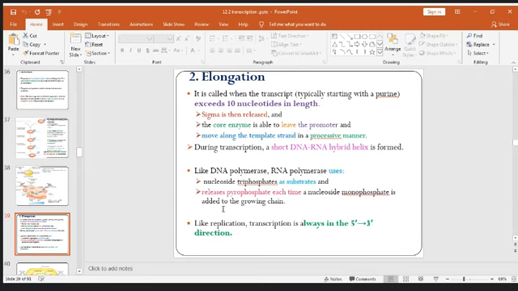The breakdown of pyrophosphate from the nucleotide triphosphates provides energy for the formation of the phosphodiester linkage on the growing chain of synthesized RNA. So, like replication, transcription is always in the 5' to 3' direction.